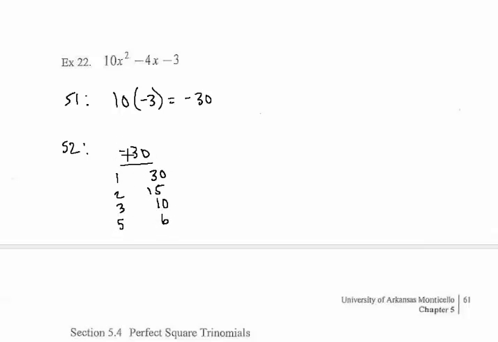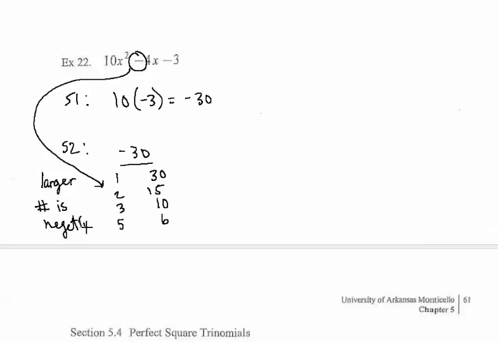Since this C is negative, I know that each number in my pairs is going to have a different sign. So I look up here at my B, and it's negative. And so the larger number is negative. Minus, minus, minus, minus. We add the pairs.